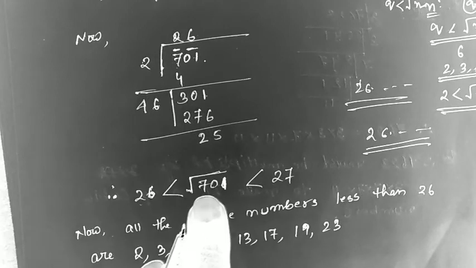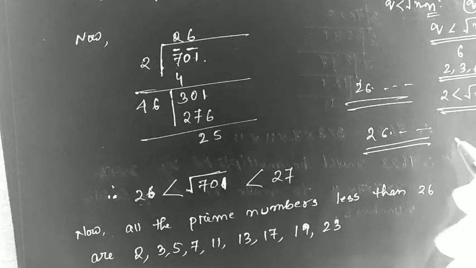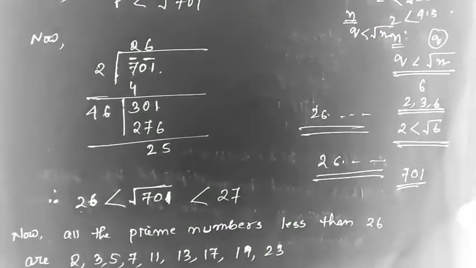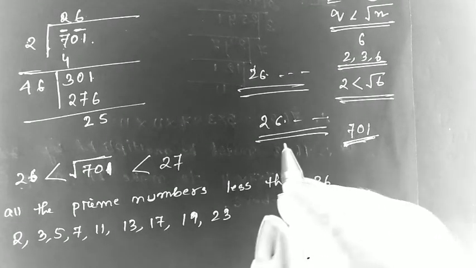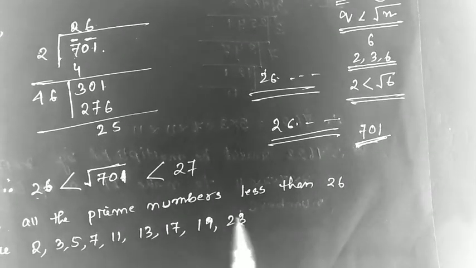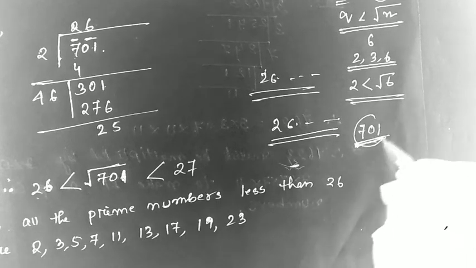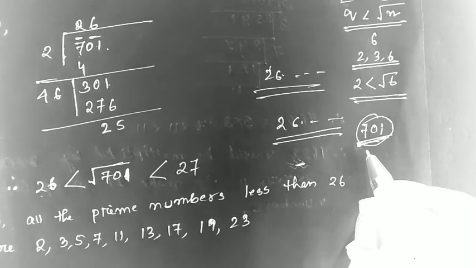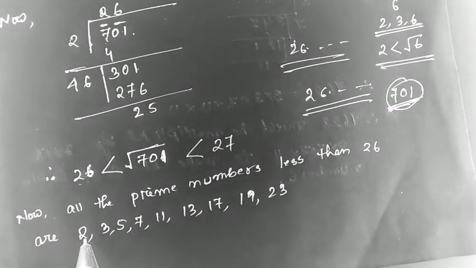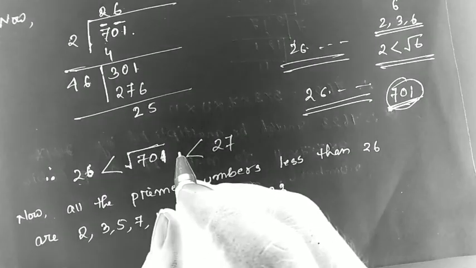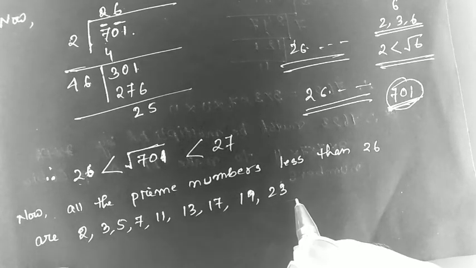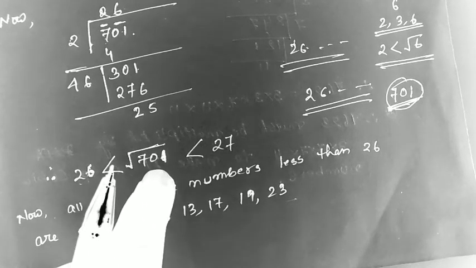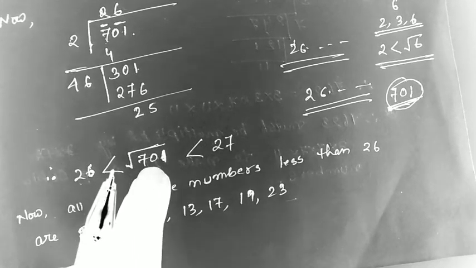Now if 701 were a composite number, then either of these numbers would divide 701. But none of these factors divides 701.